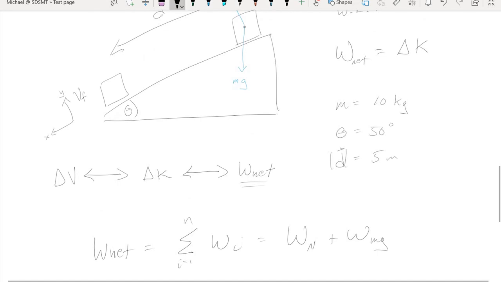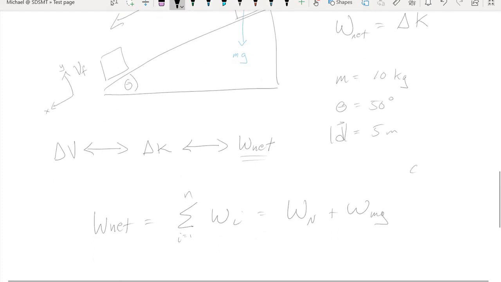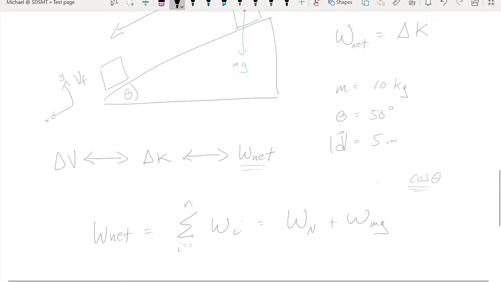The last example problem that we had that involved these two forces, neither one of them did any work. But that had everything to do with the angle relationship between those forces and the displacement vector.